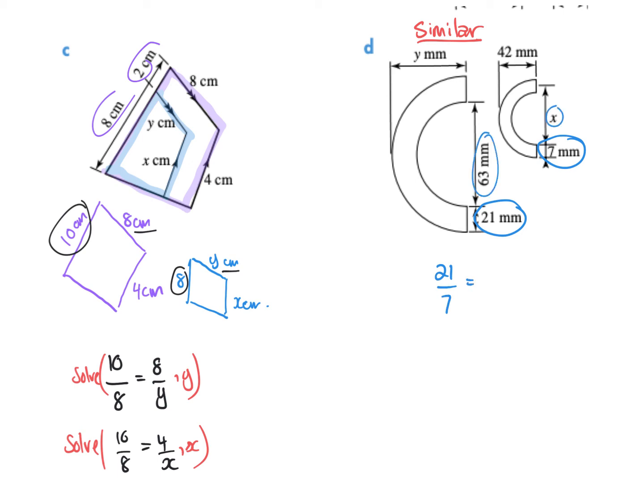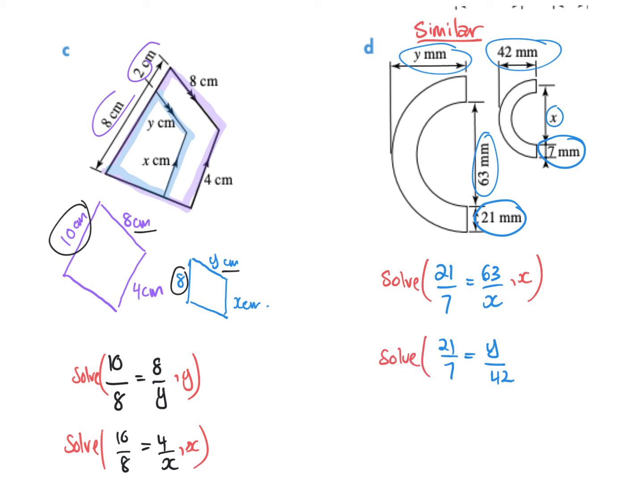So I might say 63 over X, and we can solve and find X there. And then we can still use that 21 over 7 and find the Y. So in this case, Y is there on the big shape over 42. Then we can go solve, comma Y. All right.